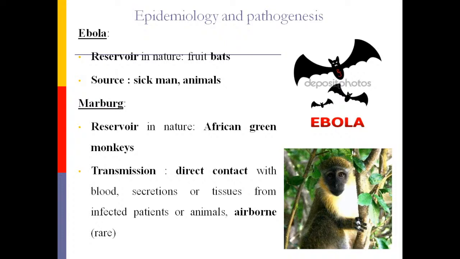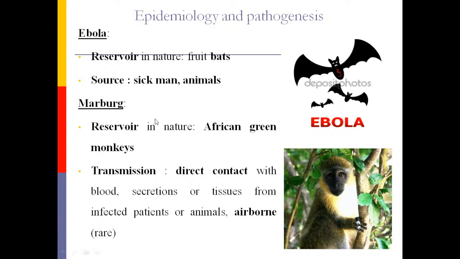For Marburg, the natural reservoir is African green monkeys. These are very beautiful monkeys. Transmission is through direct contact with blood, secretions or tissues from affected patients or animals. Direct contact and airborne; it's considered that airborne is rarer than direct contact.